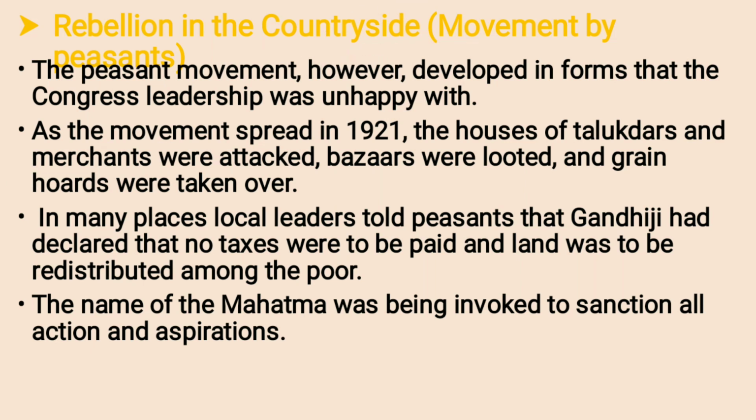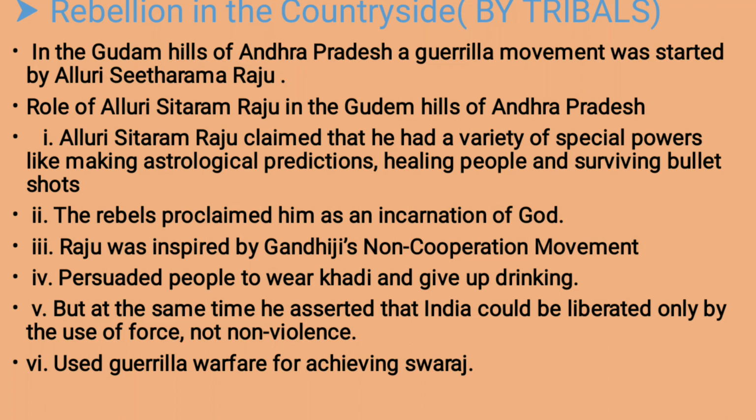Next, see rebellion in the countryside by tribals. We talked about the towns, what was the towns' impact and what was the peasants' impact. In the towns we see schools and colleges were closed, and lawyers gave up many things. Then education was stopped, but because the British controlled education, at the last people started joining the government things, which were ruled by the Britishers.